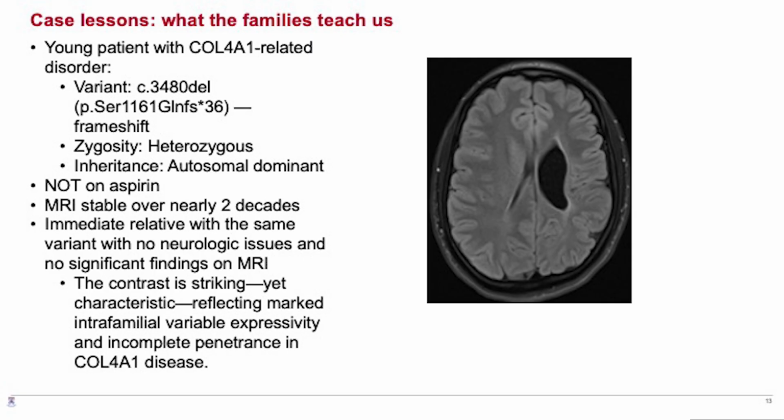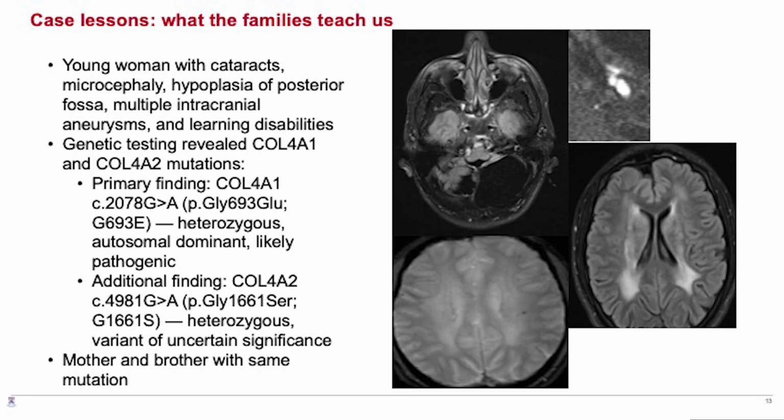This other patient that I have is a young woman with cataracts, microcephaly, hypoplasia of the posterior fossa, multiple intracranial aneurysms, and she has a learning disability as well. You can see in the top left image, if you look sort of south on the page, there's almost no tissue there, and that is the hypoplasia of the posterior fossa.